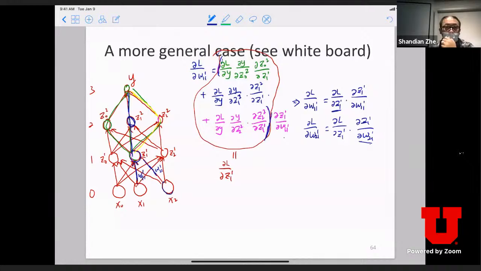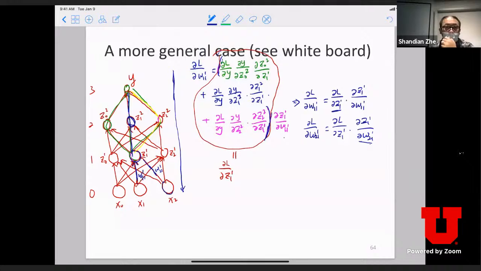So here comes the idea of backpropagation. Every time, from the output neuron to the input layer, that's why it's called the backward direction. Because when we do the forward pass, we are propagating the input information to the output neuron to make a prediction.